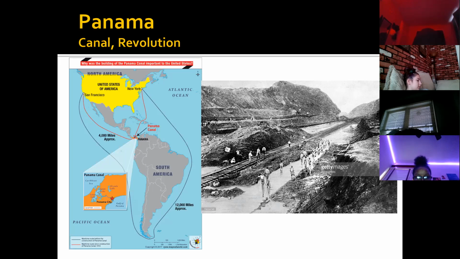And so the United States does what they typically do. In 1903, with help from the United States, the citizens of Panama revolt and gain independence from Colombia.